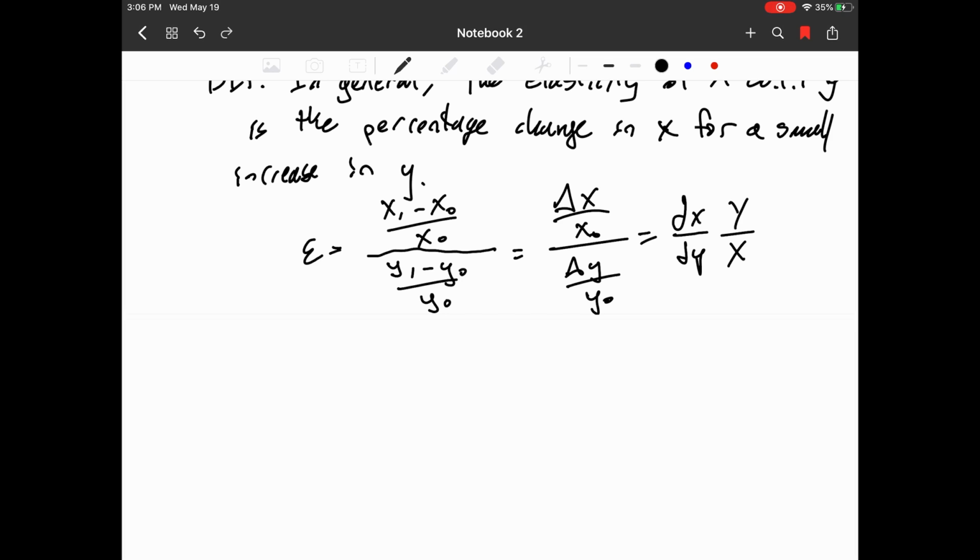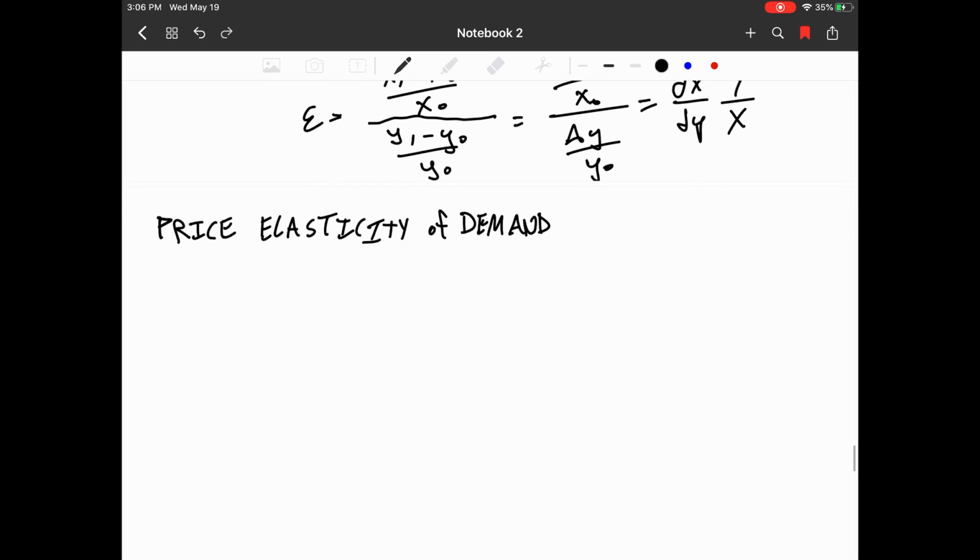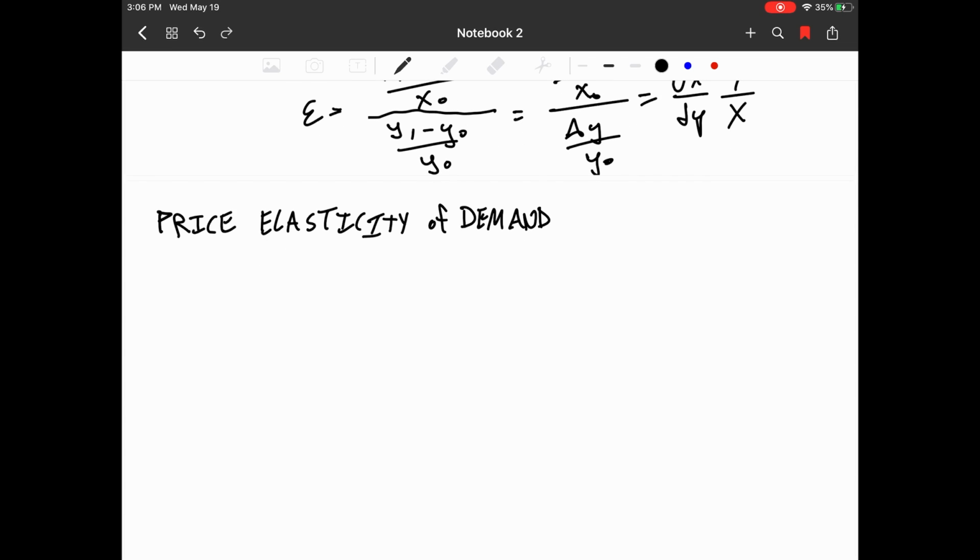The first one is going to be price elasticity of demand. We're going to deviate slightly from the notation in the textbook.